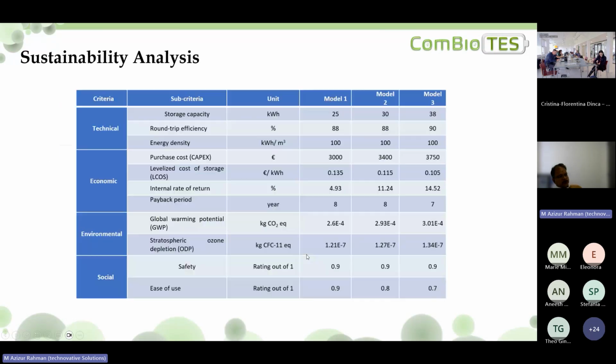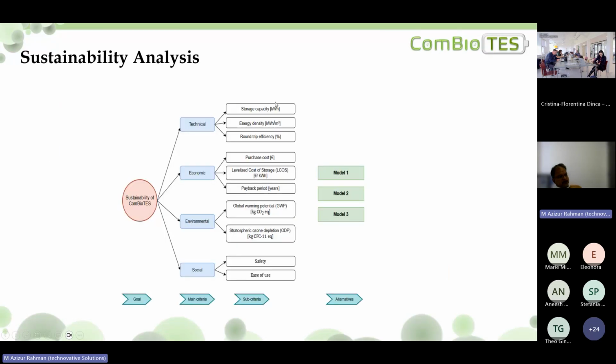So what it does, basically, is the user can give weightage to the different criteria. Scientists, most of the time, are more concentrated on technical efficiency, so they can put importance on the technical things.